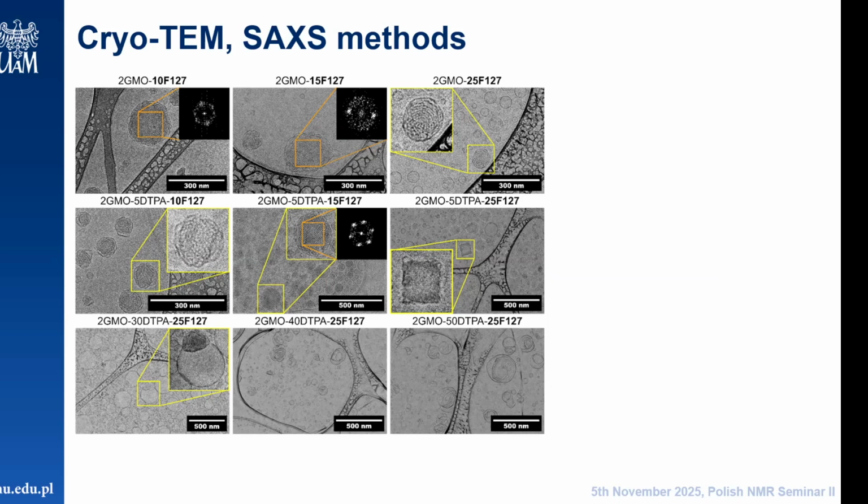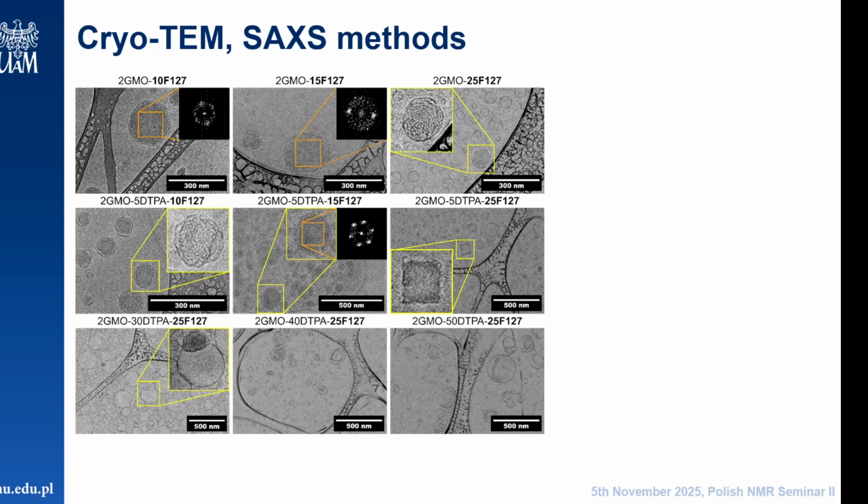But in contrast, in the samples with a higher concentration of DTPA, we can observe highly disordered interiors, in a vesicle-like shell.